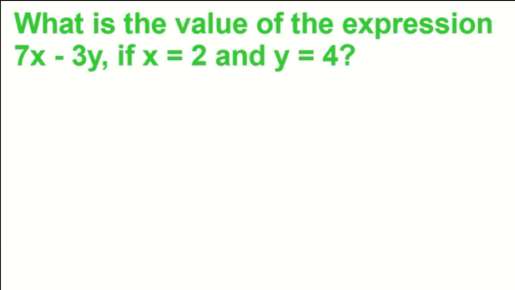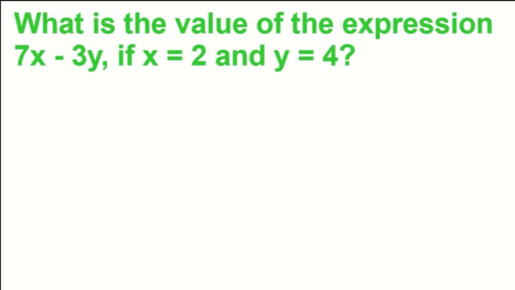All right, 7x minus 3y if x equals 2 and y equals 4. Go ahead, try that one. Sophia? 2 is correct.